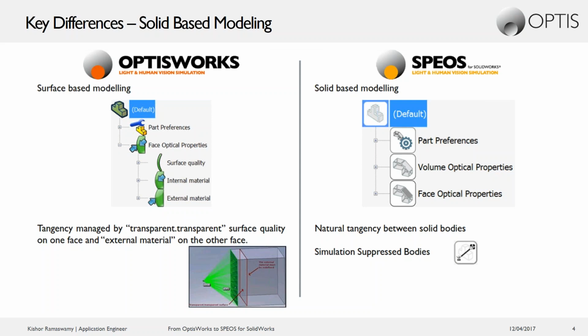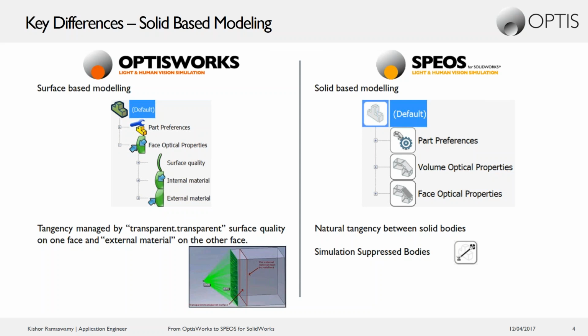The other thing that it allows is that a single part can now have multiple bodies that have different optical properties. Previously in OPTISWORKS, every part had one set of optical properties, and if you had several bodies within that part, they would all be given the same optical properties. So the traditional approach was to create a separate part for each body.